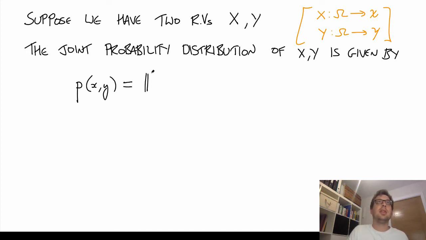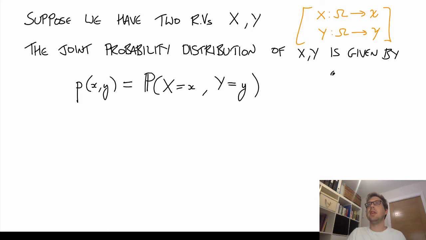So the probability that X is equal to x and Y is equal to y. Really what I'm saying is we're working out the probability of this event, and that's the event that X equals x and Y equals y.